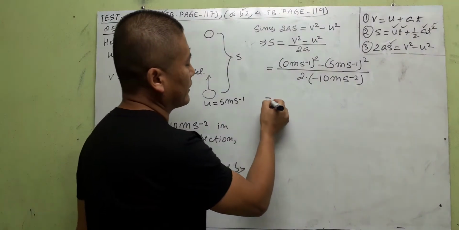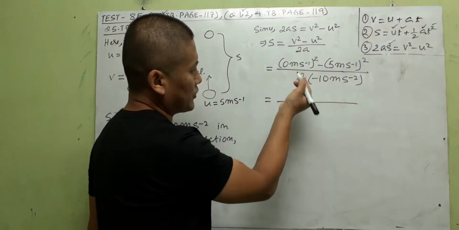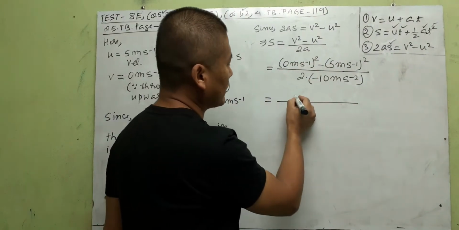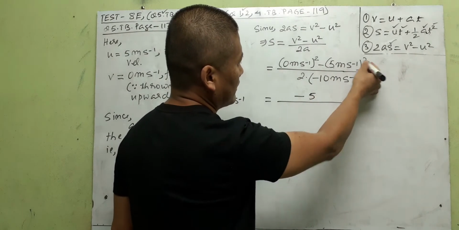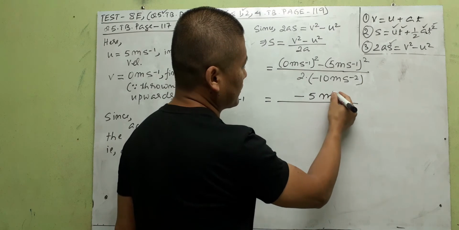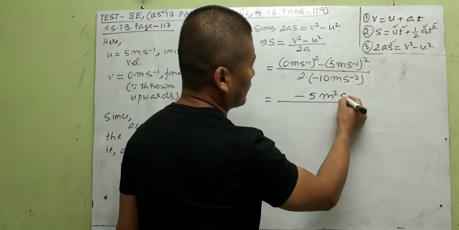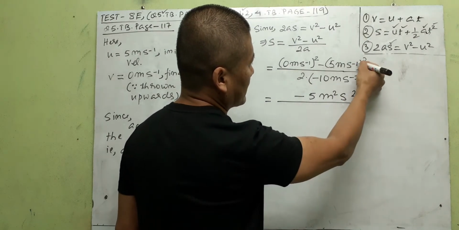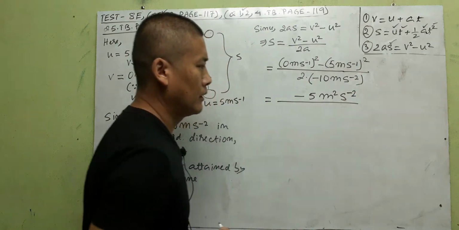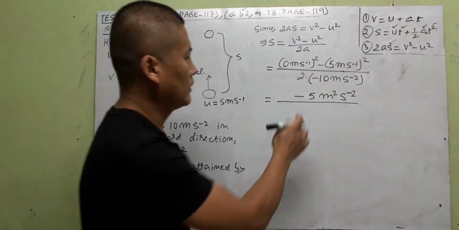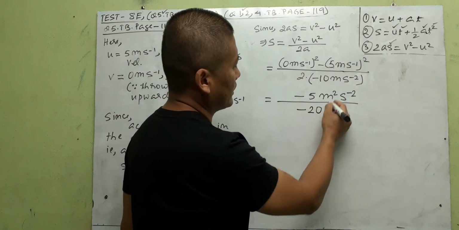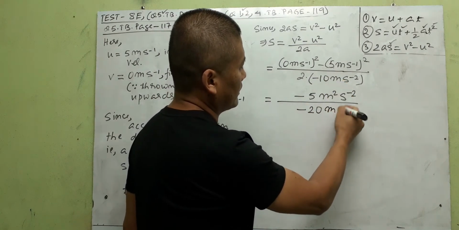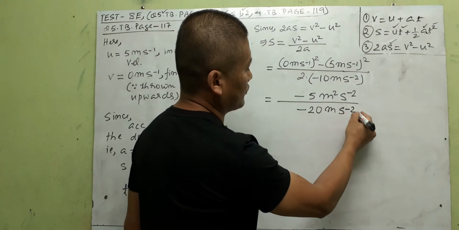Now here we can write by simplification 0 to the power 2, 0, everything 0, and minus here 5 5s are 25. This square will go to meter also, meter square. 2 1s are 2, and minus and minus can cancel. Then down here, minus 2 10s are 20, and here meter, and here second to the power minus 2.